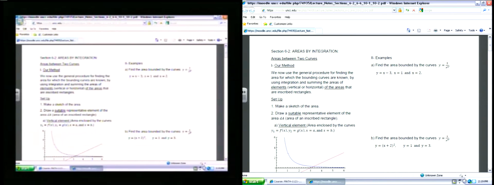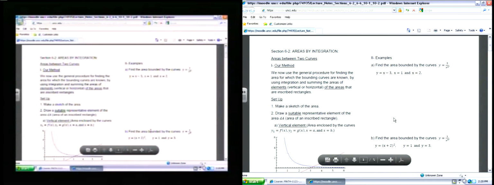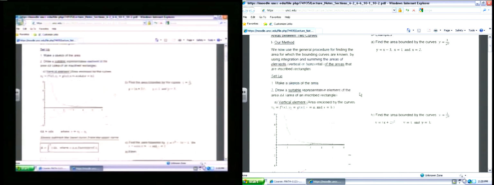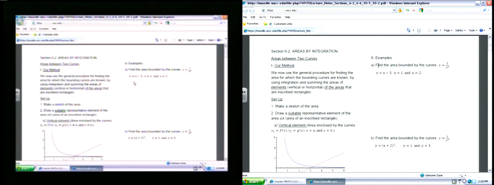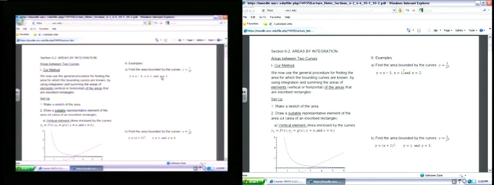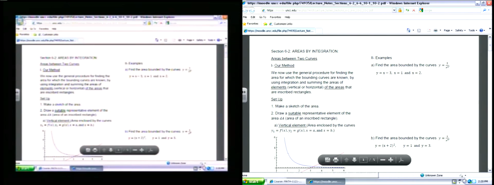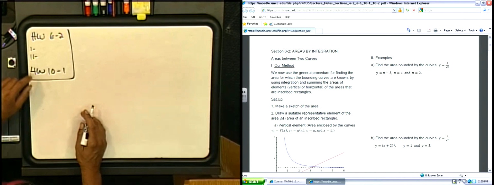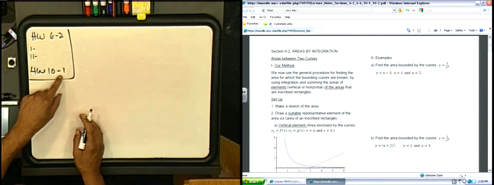I will start with going over the lecture notes from class that are up on the screen, starting with the examples 2A, B. Example 2A reads, find the area bounded by the curves. I will also go over a couple problems for homework 6.2 and homework 10.1.